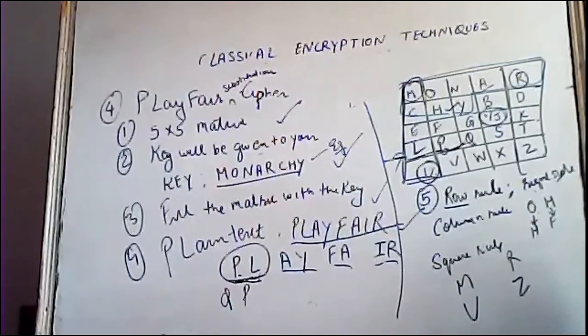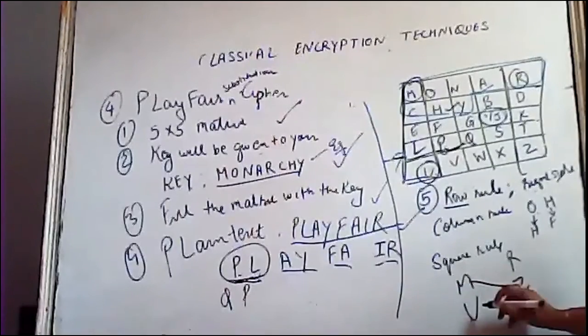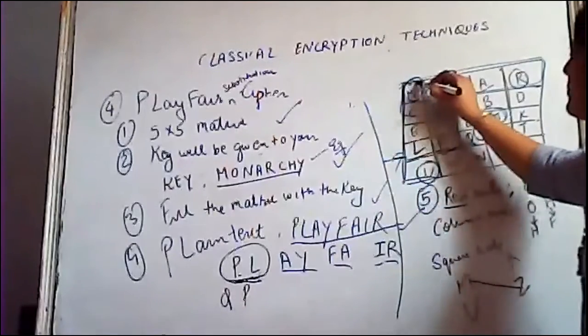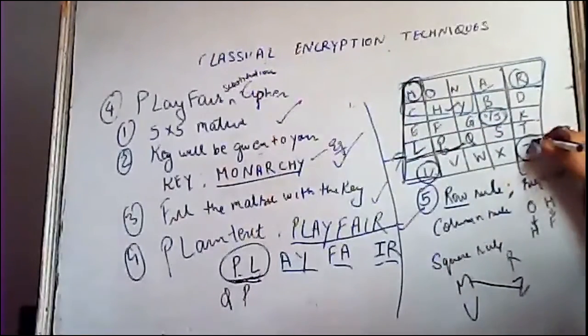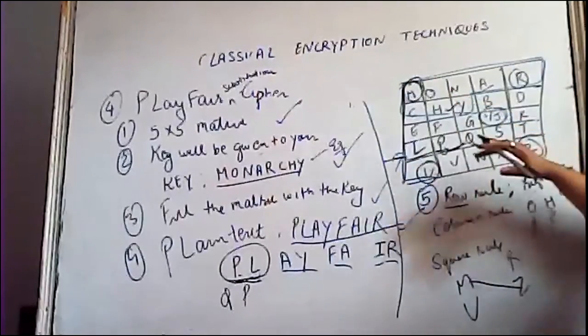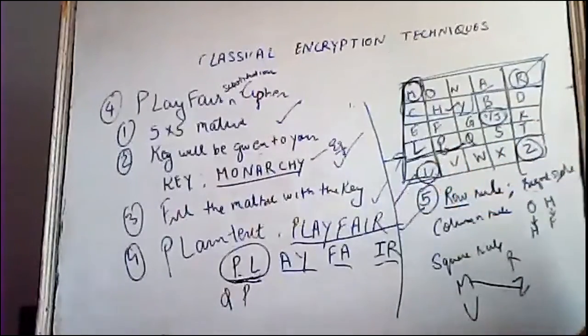These are the square elements. Or we can say M and Z. This is basically the rule. You can also use this particular thing. Let's suppose you have M over here, and this is Z. So these are diagonal, so these are making a square matrix over here. You can refer to another two elements.